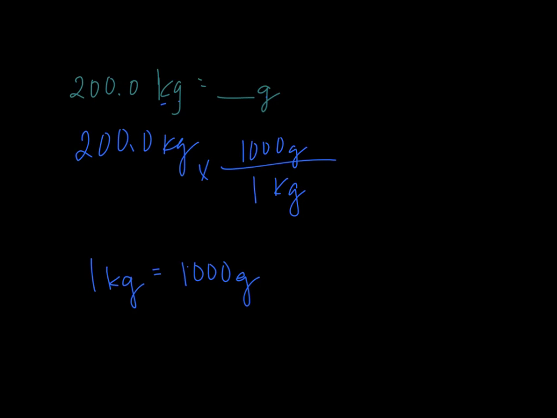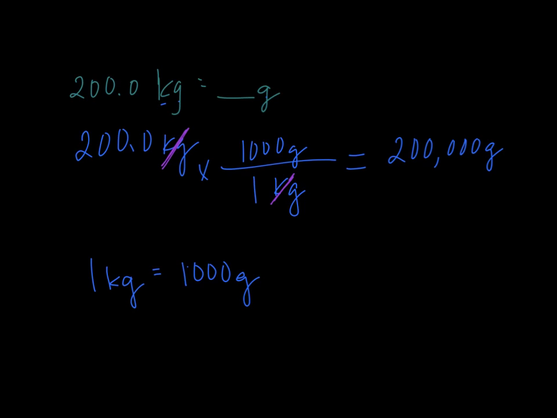I have to keep this ratio equal to 1, because 1,000 grams is 1 kilogram, so this really is equal to 1. So now I can cancel out my units. Kilograms cancels, I'm left with grams, that's what I want. So now I can put this into a calculator, and so I end up getting 200,000 grams.